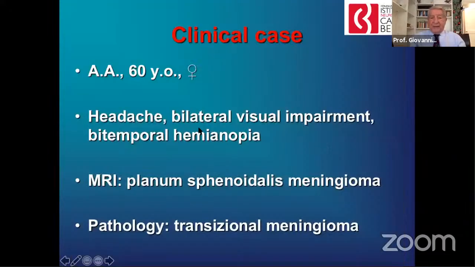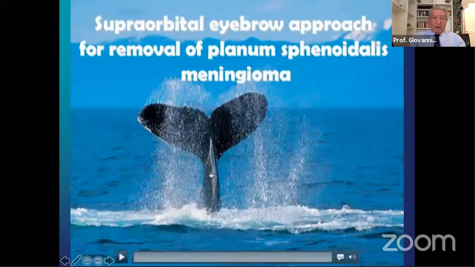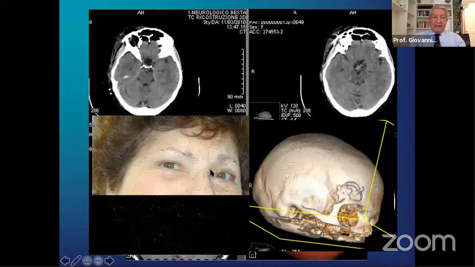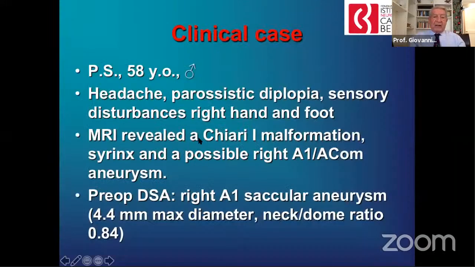Second case, very interesting because it came with a headache. Second case, and that is the lady, and that is the scar that is later on. The second case is a patient that came for a Chiari malformation with the syrinx, but with a right aneurysm.